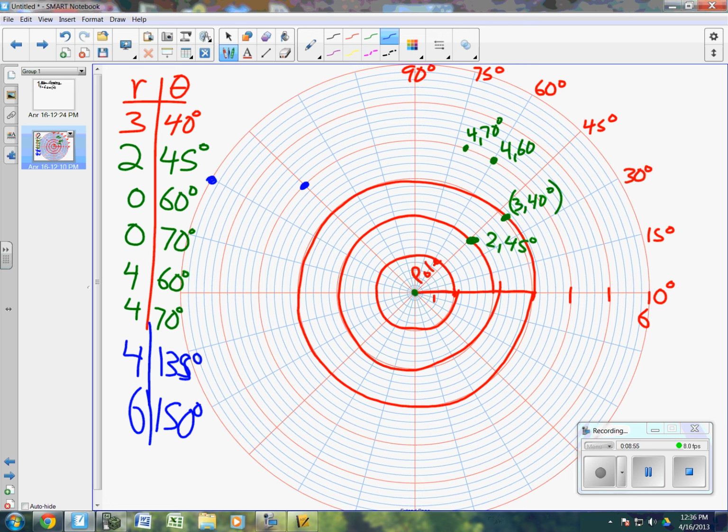Name this point right here. Well, Jay's got one part of this down. 165. Well, this is 180, that didn't even make it half. 255?